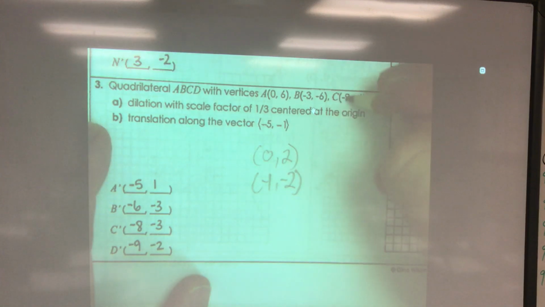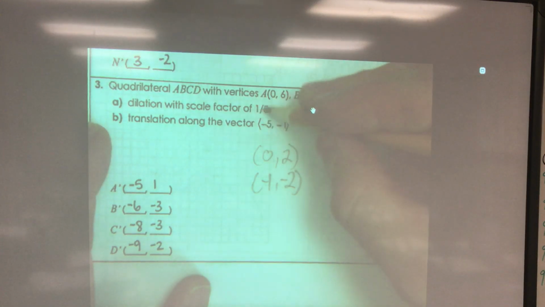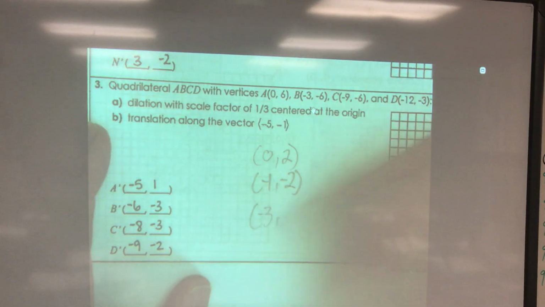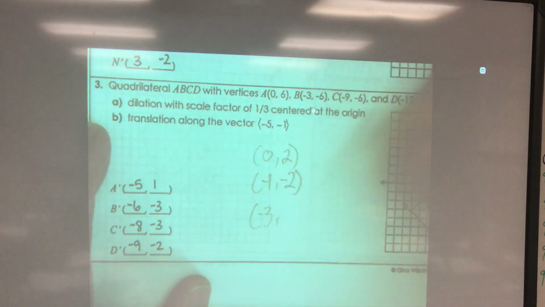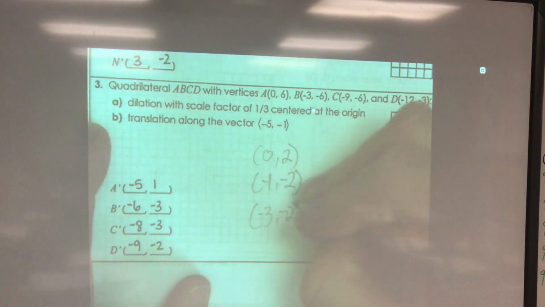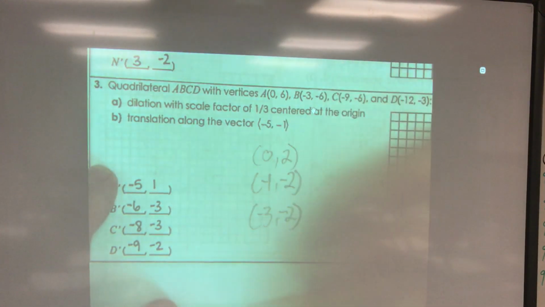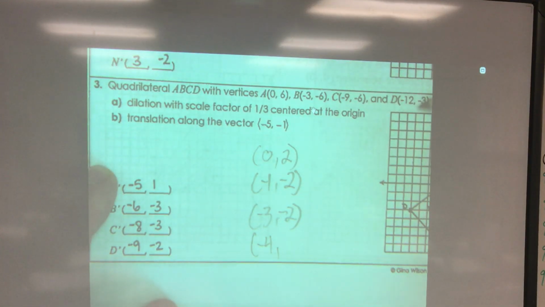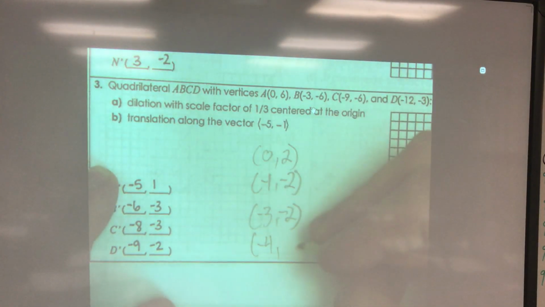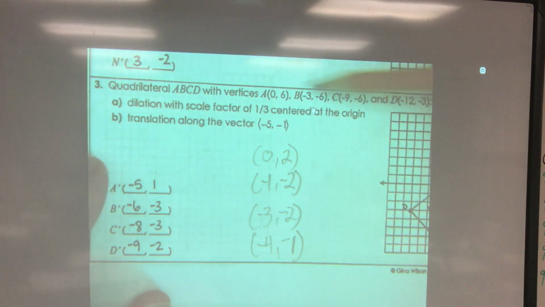Then -9 times 1, -9, divided by 3 is -3. And -6 times 1, divided by 3, -2. And then -12 times 1, -12, divided by 3 is -4. And then -3 times 1, -3, divided by 3, -1. So I just took all of this and multiplied by 1/3.